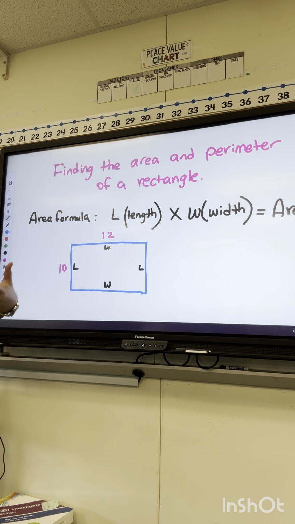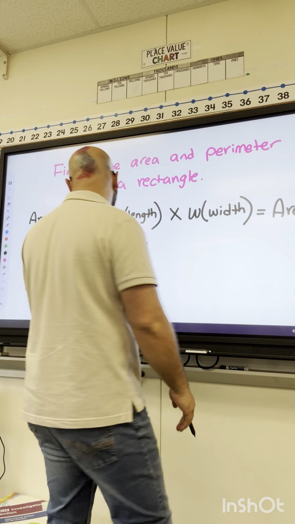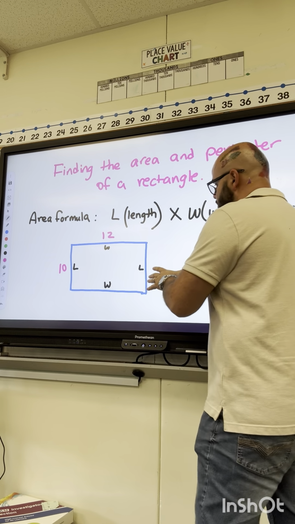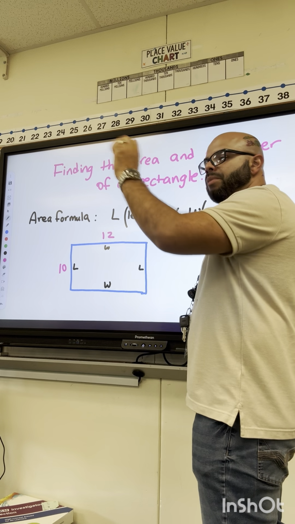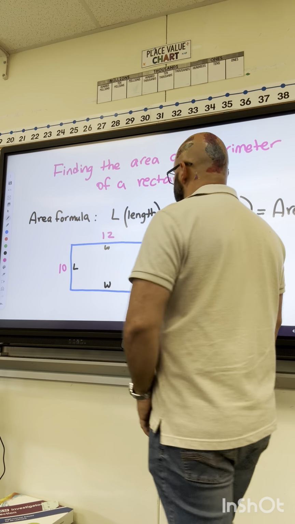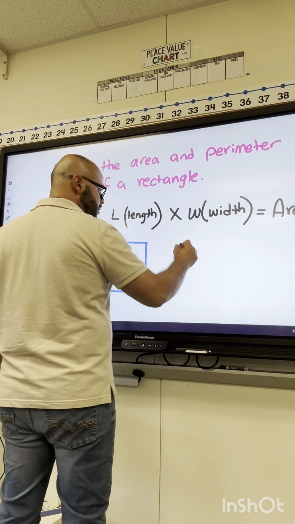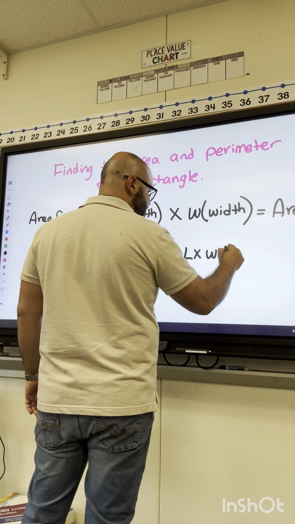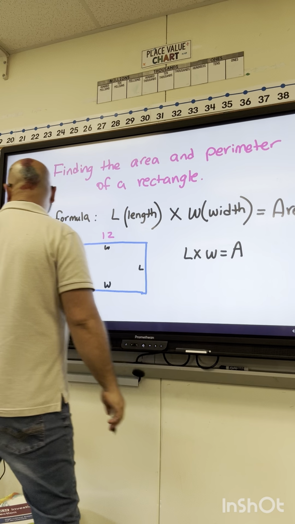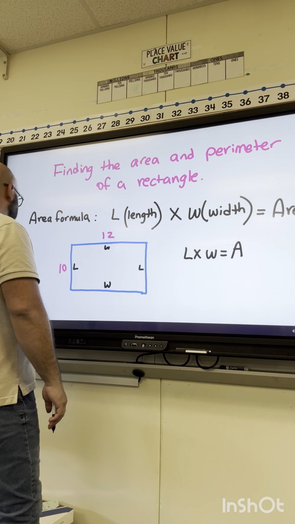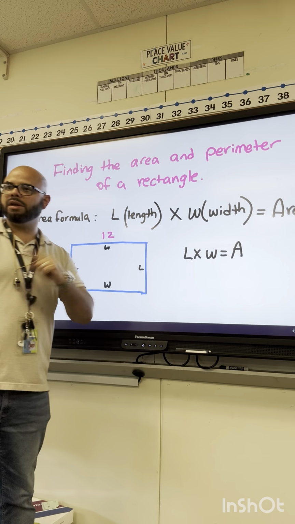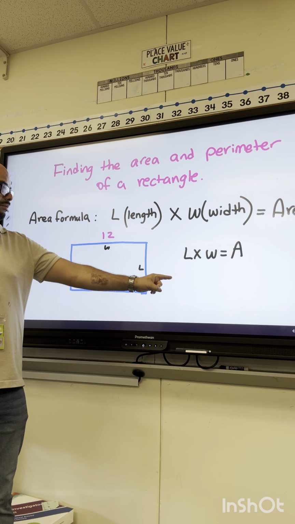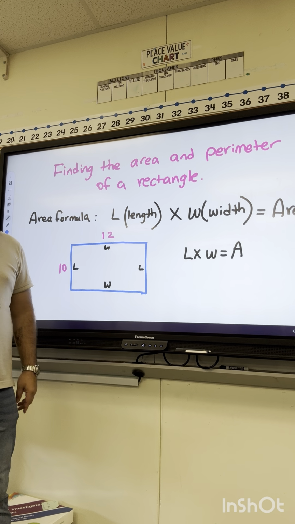What I'm supposed to do is take the measurements that are given to me and plug them into my formula. So my formula, again, is length times width, which gives me my area. So I'm going to start plugging them in. Give me an L, James. Give me one length. Oh, so 10.